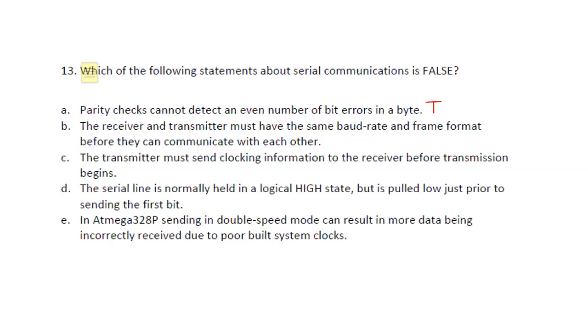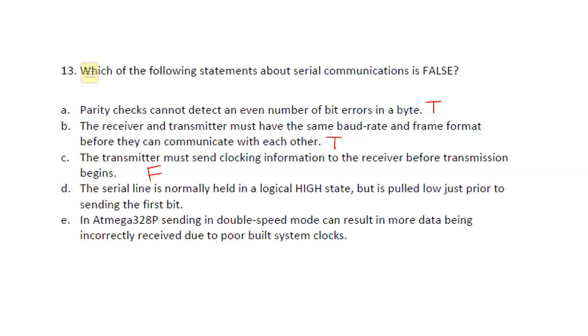The receiver and transmitter must have the same baud rate and frame format before they can communicate. This is of course definitely true. The transmitter must send clocking information to the receiver before transmission begins. This is false, because both the transmitter and receiver must already be pre-configured to operate at a particular clocking rate.